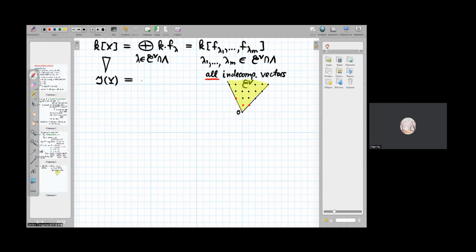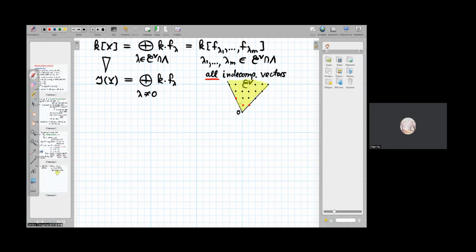What I say is that this vanishing ideal is just the direct sum of eigenspaces corresponding to all non-zero vectors in this lattice semigroup. Because this cone is pointed, if we take a vector in the interior of the dual cone, it will take a positive value on all vectors in the cone C check, except for the origin.